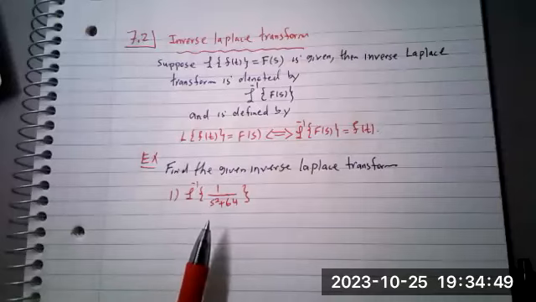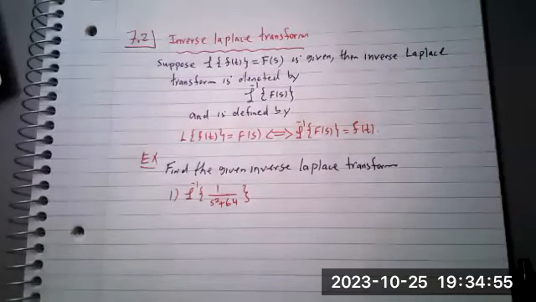But you check to see if it's ready. In this problem, s squared plus 64, a squared is 64. So we want the a on the top. It's like integration: I want the a, so I'm going to create it. Remember, I divide and I multiply.